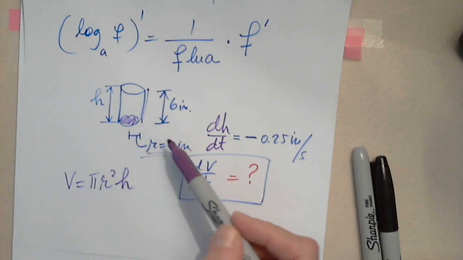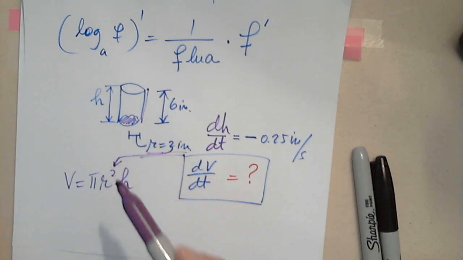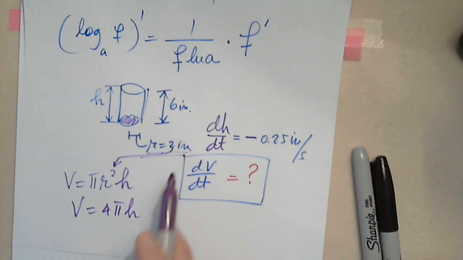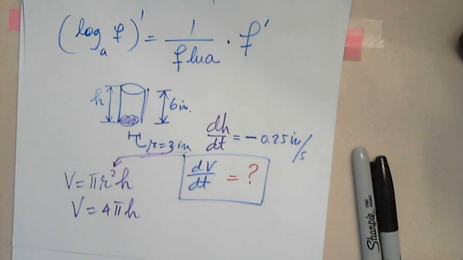No matter what we do, the radius of the cylinder will not change. So this can be already replaced in the formula. So this is V equals 4 pi h, because the radius is not affected. The radius is not a function of time. These two are functions of time, but not the radius. Radius is being fixed, I'm just replacing r squared by 4.